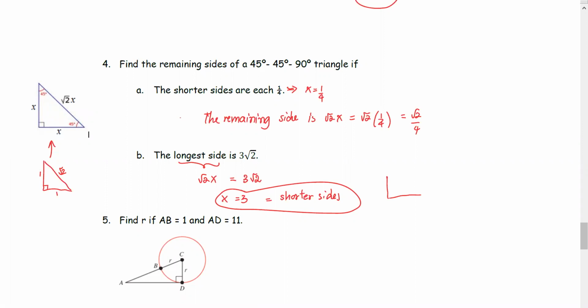In the diagram, you would get 3, 3, and then 3 square root 2. And for the first part, if you draw the diagram and put the numbers in, the shortest sides should be 1/4, 1/4, and the hypotenuse would be square root 2 over 4.